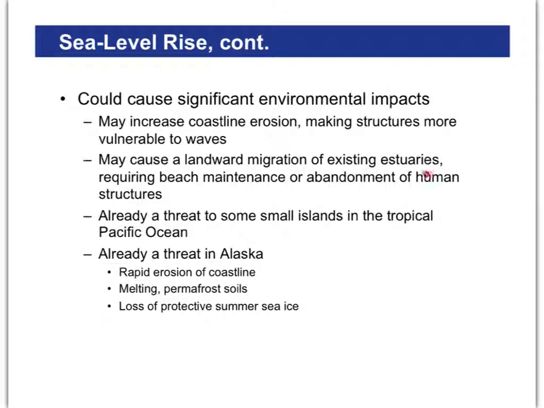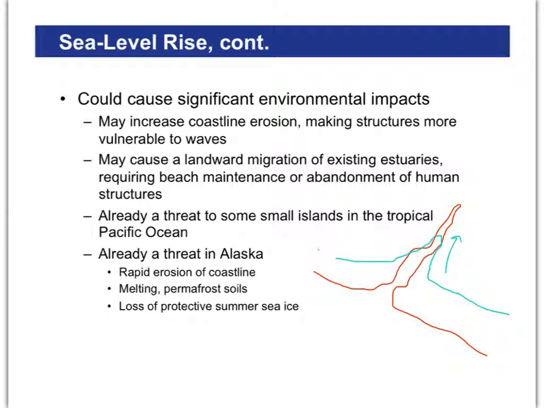It also means the estuaries, that is, where water runs into the ocean, are going to have to migrate towards the land. Let's say you have a coastline right here, and here's a river running into the coastline. Well, if that coastline starts advancing towards the land right here, that's going to force that estuary, that is, where the fresh water meets the ocean, back landward right here.